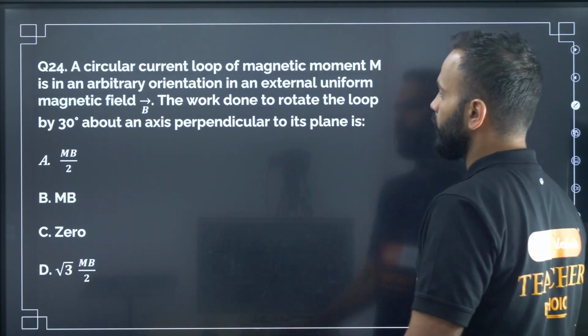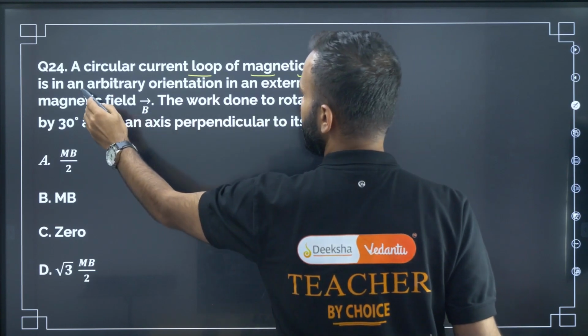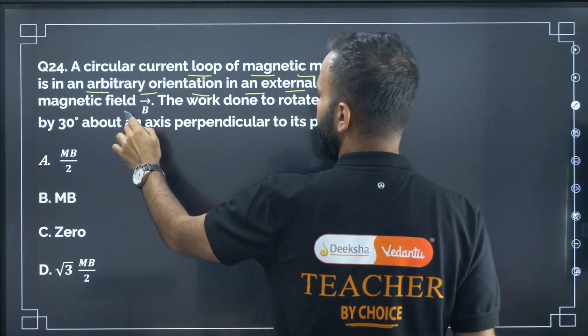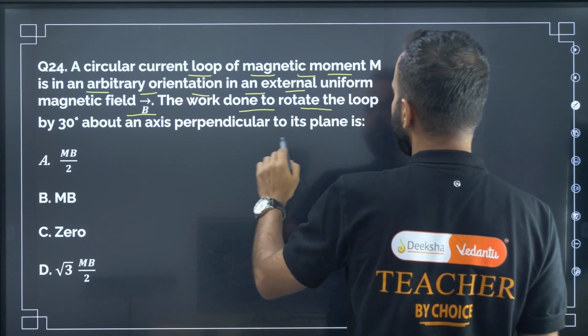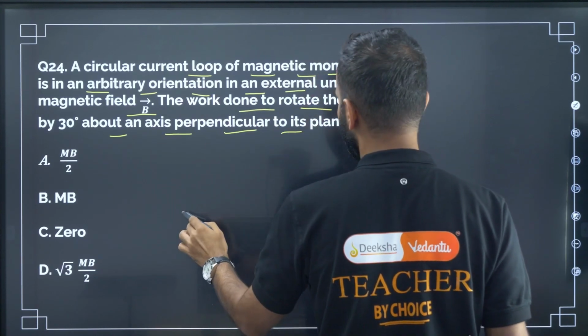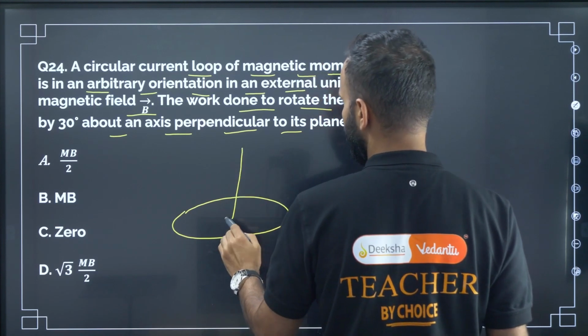Question number 24. A circular current loop of magnetic moment M is in arbitrary orientation in an external uniform magnetic field B vector. The work done to rotate the loop by 30 degree about an axis perpendicular to the plane. So this is the circular current loop.